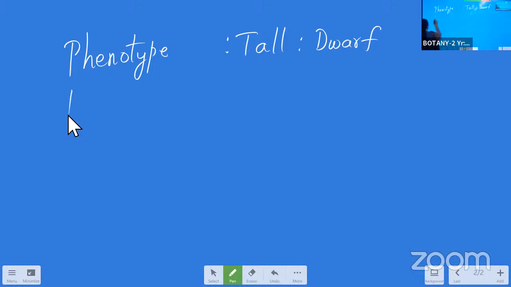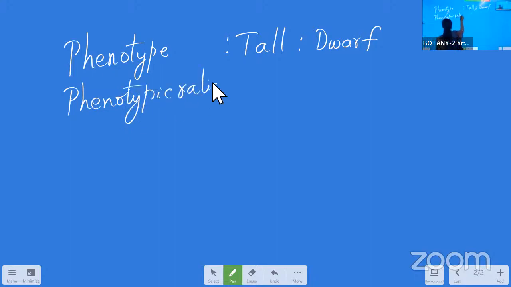So, now comes the phenotypic ratio. Phenotypic ratio, how many plants are tall? Now the number of the organisms we have to give with that specific phenotypic character. So how many plants are tall and how many plants are dwarf, we need to say here.